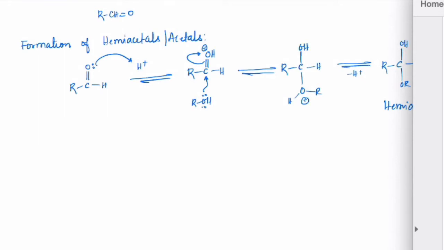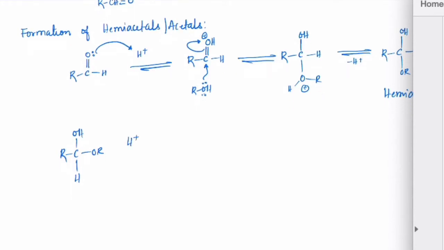Now let's see how acetal is formed from hemiacetal. We take R, C, OH, OR and H. I'll write the H part here. Then this gets protonated, so the lone pair on oxygen attacks here, and we get RCOH2 plus, OR and H. Let me put this as R dash so that we don't confuse it with the other one.